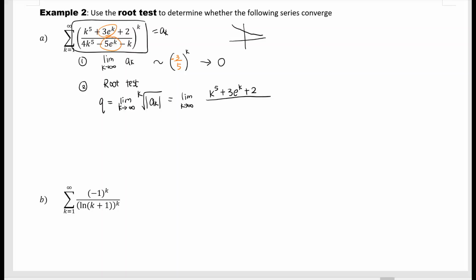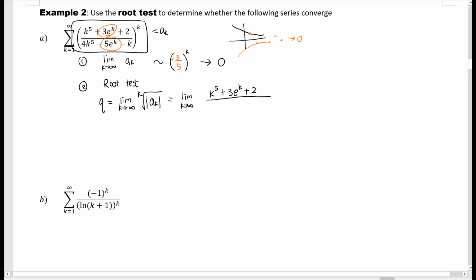Okay, but still 3/5 is less than 1, so it's going to be like an exponential function going down. All right. Next, what happens with the negative inside? Sometimes the point is positive, sometimes the point is negative, so it alternates. But you can see the limit still goes to 0. All right. So let's continue.